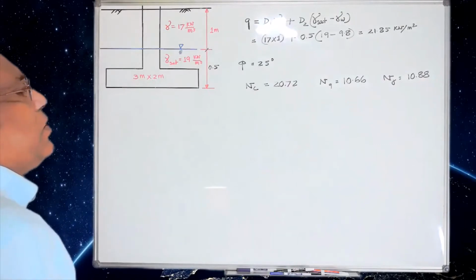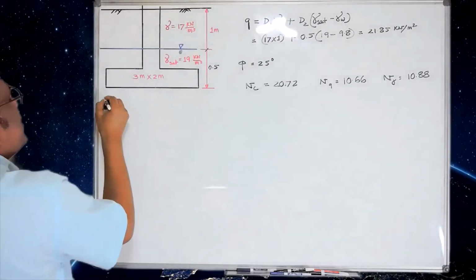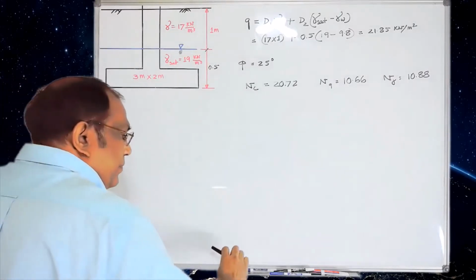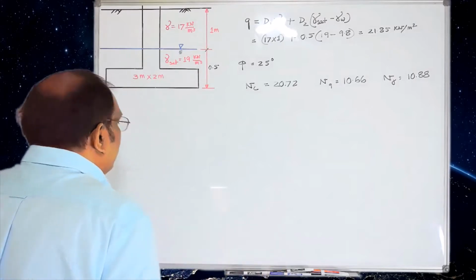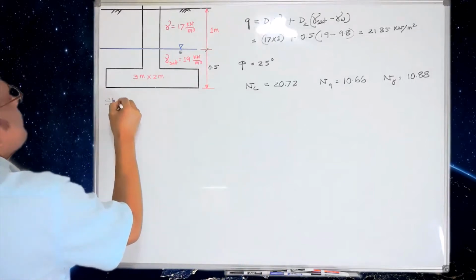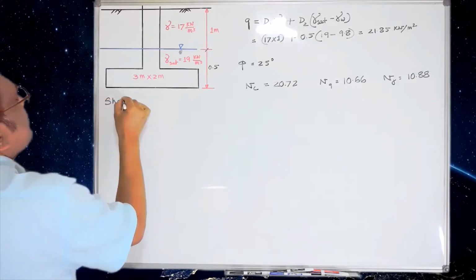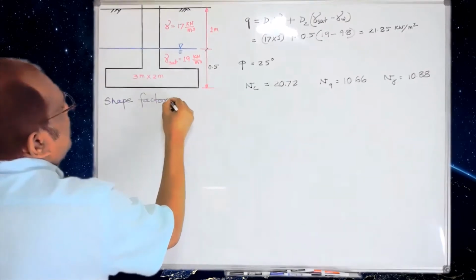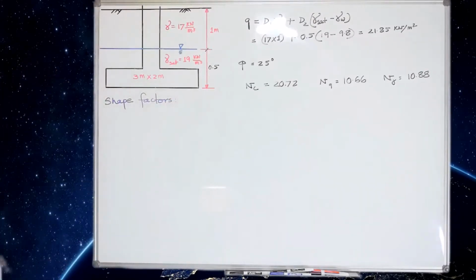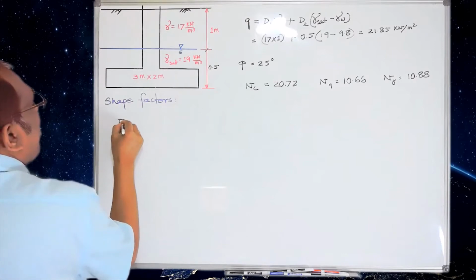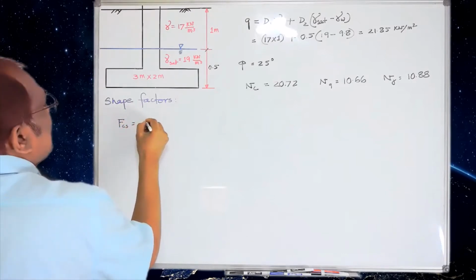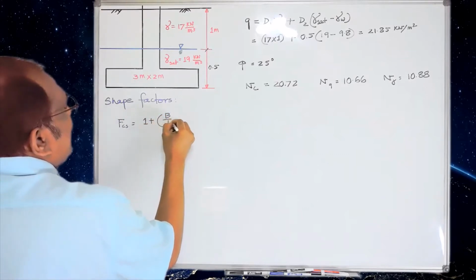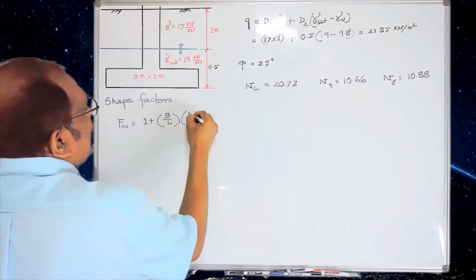Now you can see that our shape factors are: FCS is basically 1 plus B by L into NQ by NC.